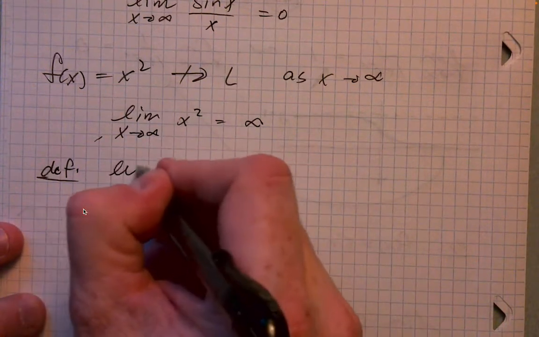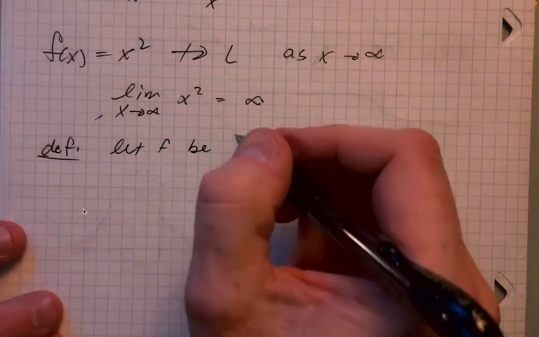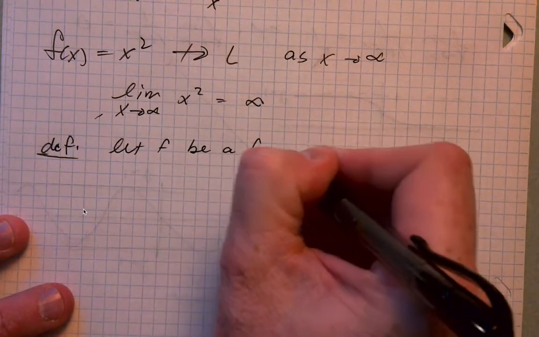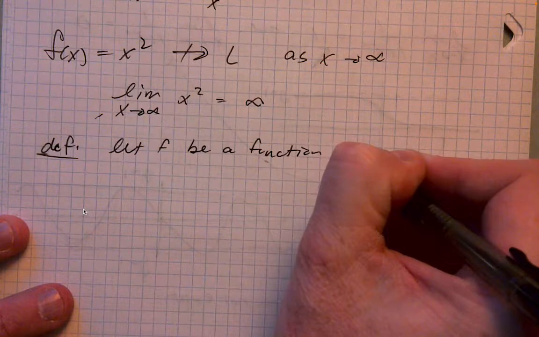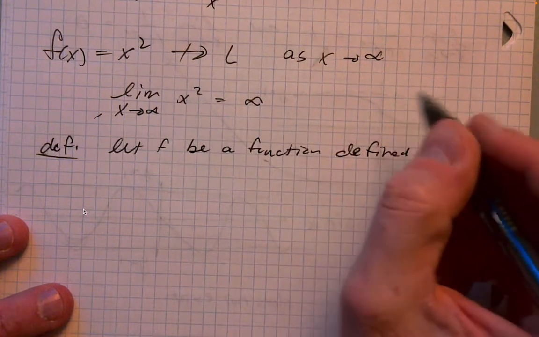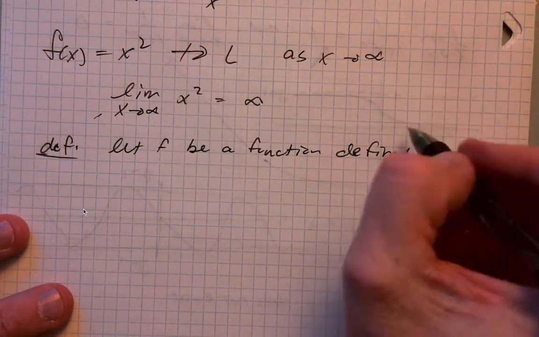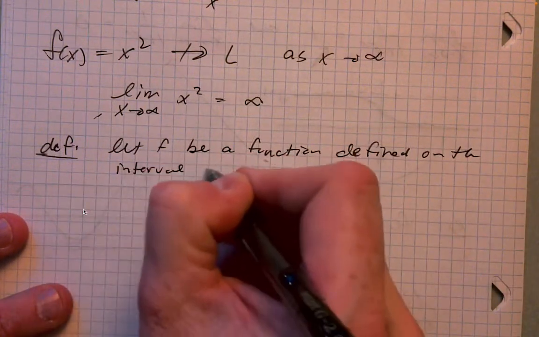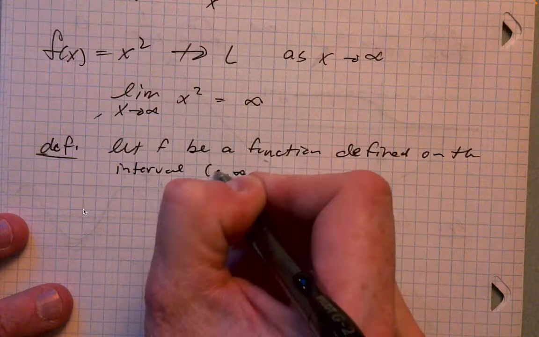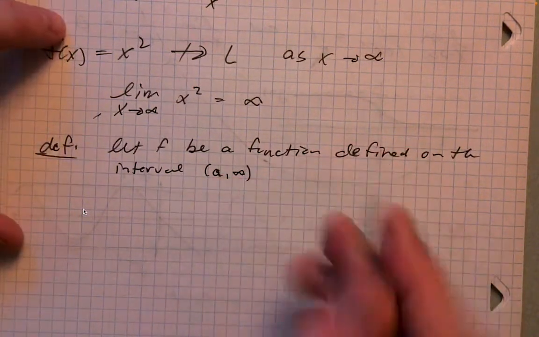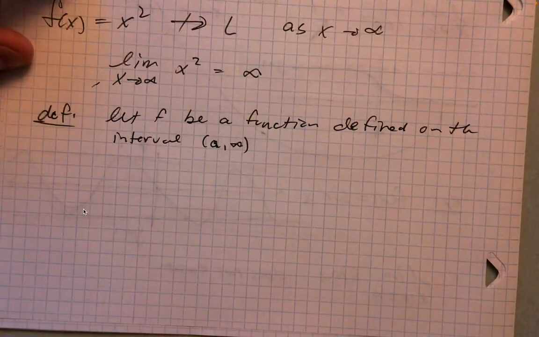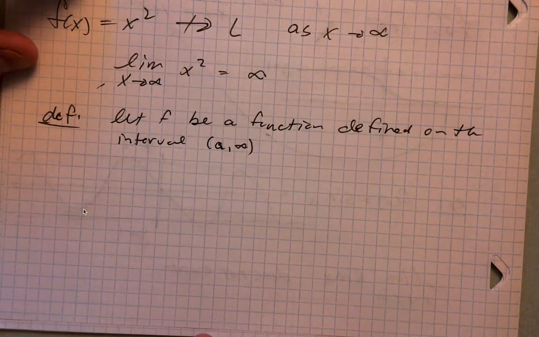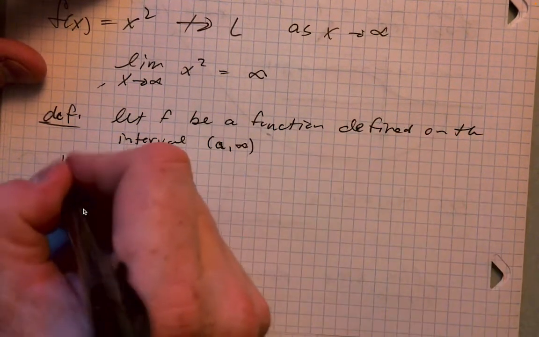So let f be a function defined on the interval a to infinity. Okay, so basically the right hand side of the real number line. Then what do we mean?